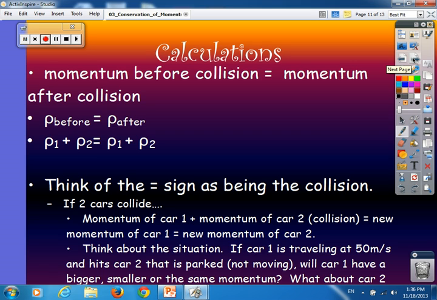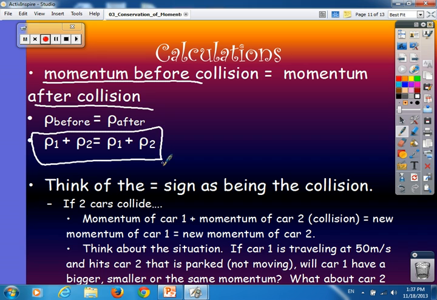Things you need to remember. If you get lost, the momentum before equals the momentum after. Period. No questions. So you take your two objects and work with that: momentum 1 plus momentum 2 before equals momentum 1 plus momentum 2 after.